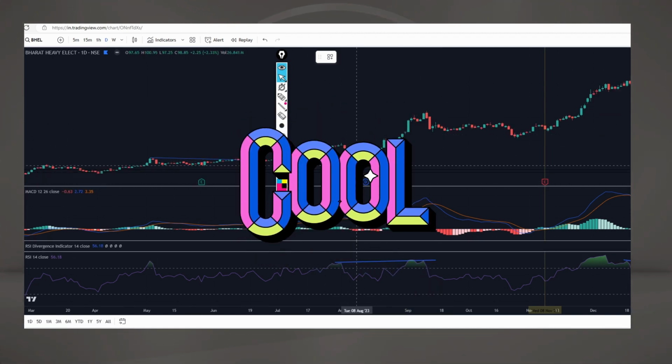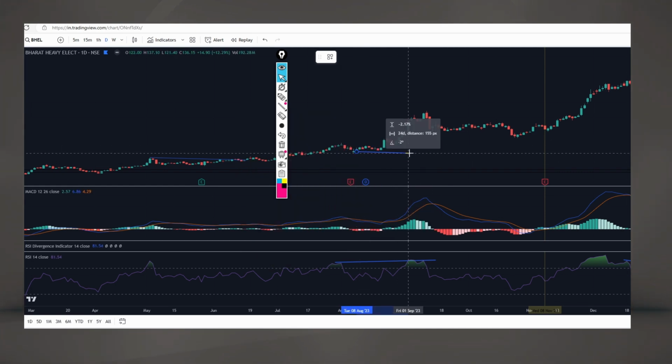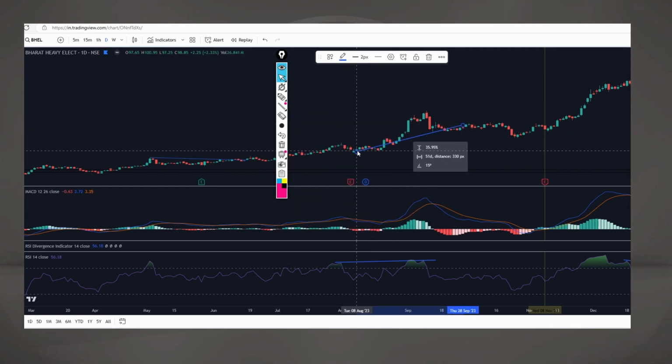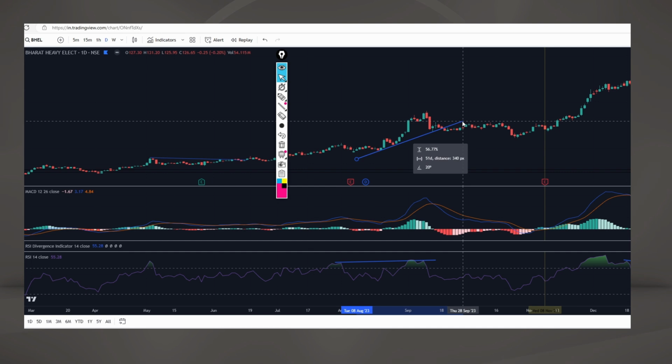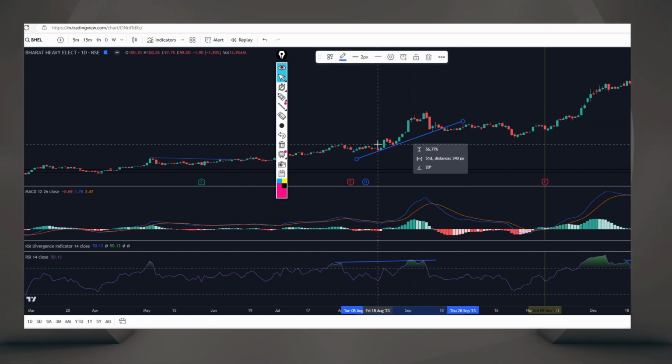So the bottom is here and this one's bottom is over here. So we can draw a trend line like this. Till this trend line breaks, I'm not really bothered about exiting the stock, right? Or I get a confirmation to enter when, if the RSI had gone above this, then I would have entered.